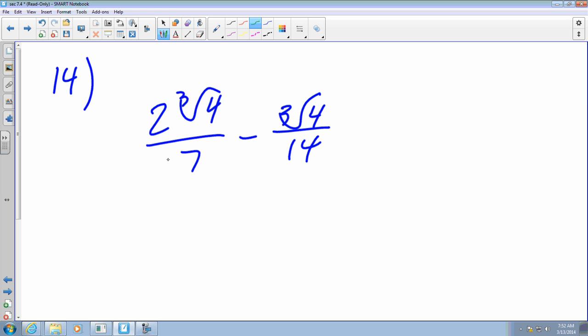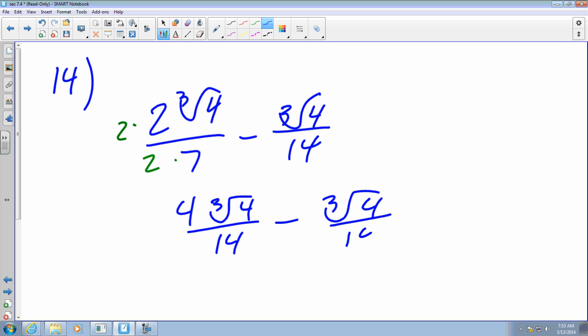We have the same radical part, so I'm going to multiply top and bottom of this one by 2, which will give us our common denominator of 14. So 4 cube roots of 4 over 14 minus the cube root of 4 over 14. 4 minus the understood 1 gives me 3 cube roots of 4 over 14.